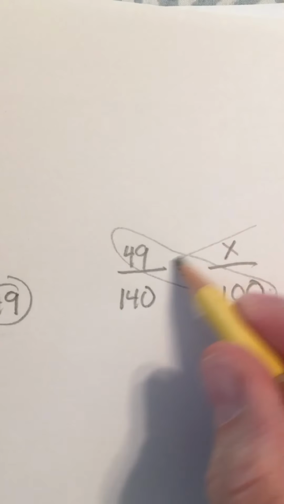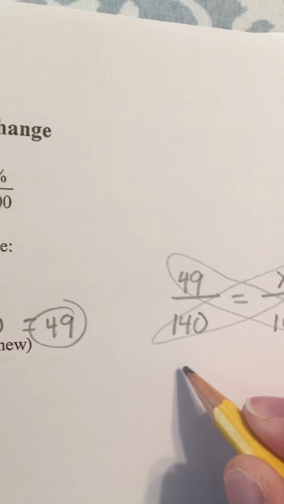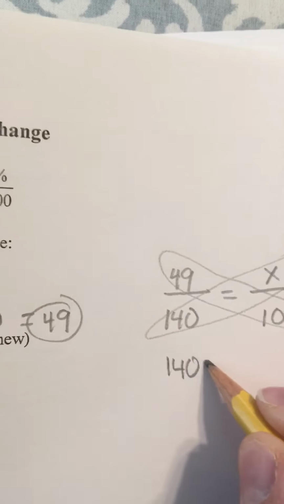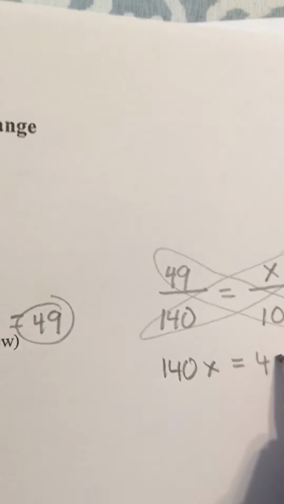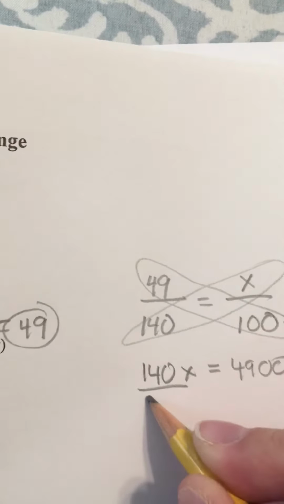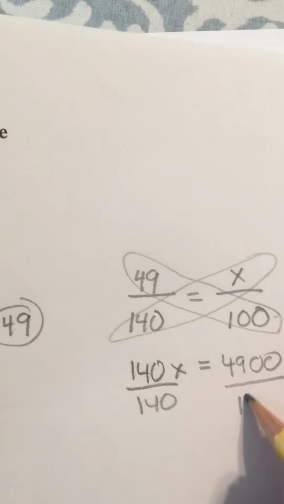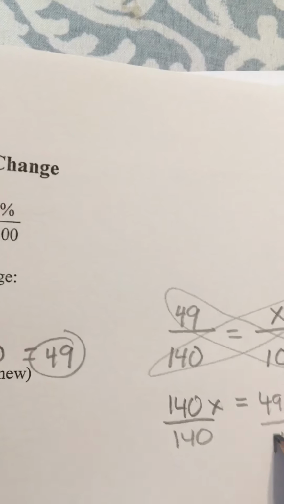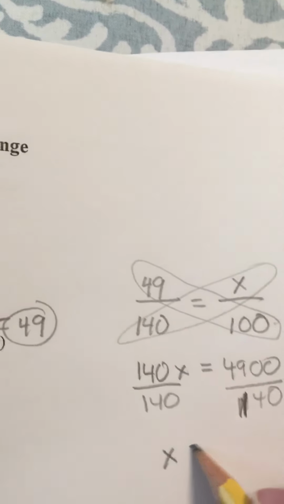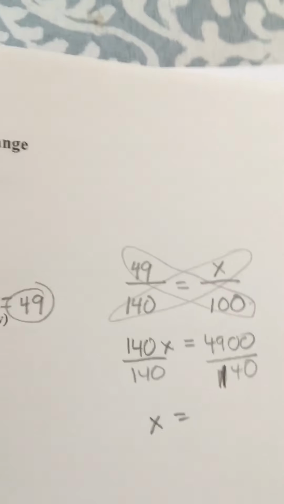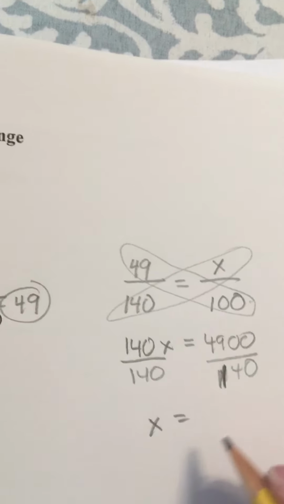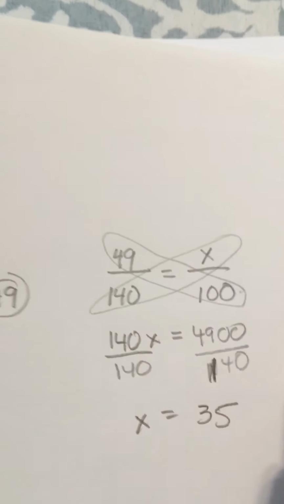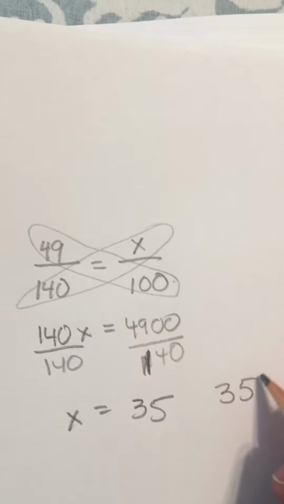We set up our cross product property equation, so 140x equals 4900. Divide by 140, divide by 140. And you use a calculator for this. When you use a calculator, you get x equals 35. So the answer is this is a 35% change.